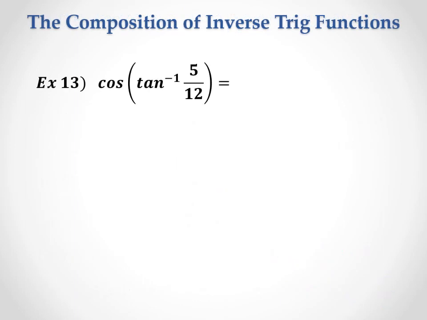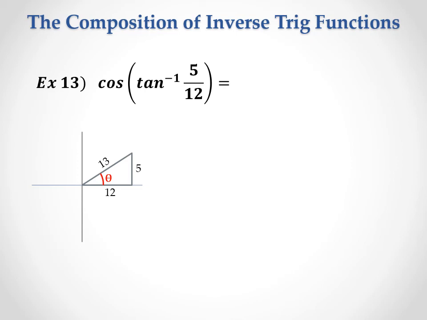All right, so let's practice some more composition of these things. What is the cosine of the inverse tangent of 5/12? It would probably help to draw a little triangle. The ratio 5/12 is positive, so I know I'm in the first quadrant, not the fourth quadrant. So that's where I drew the triangle. We use the Pythagorean theorem, and I can see my r is 13. I'm not going to find the actual value of that angle.